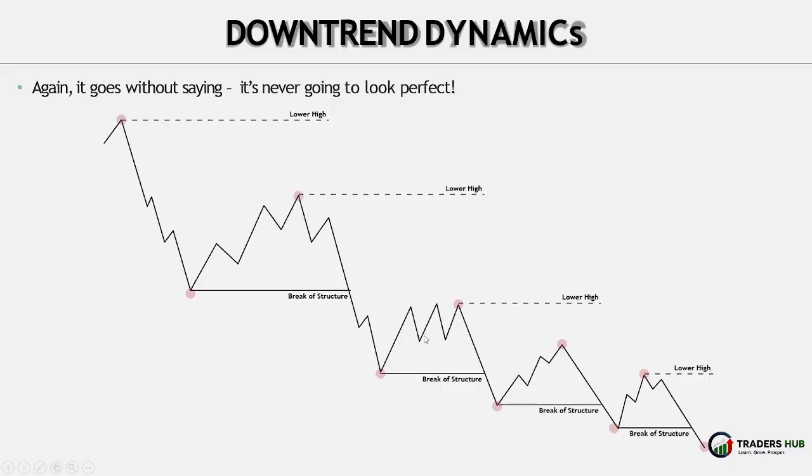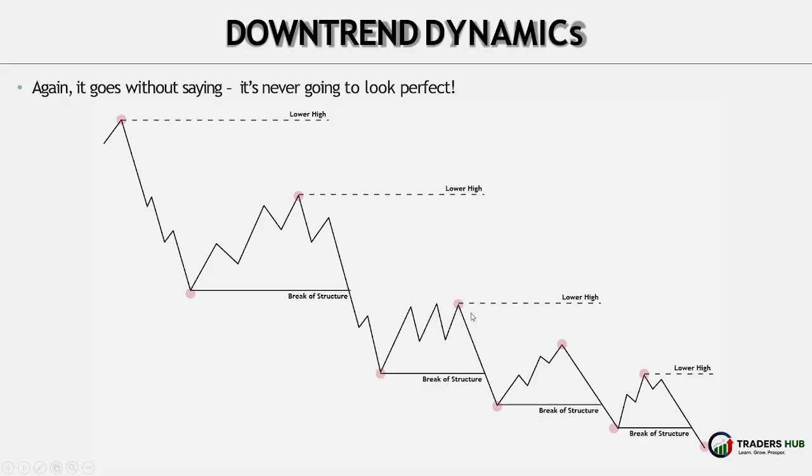You can see that price didn't really shift the order flow completely on this lower low, and that's because price does what it does. And so as traders, we have to be flexible and follow what the price does.